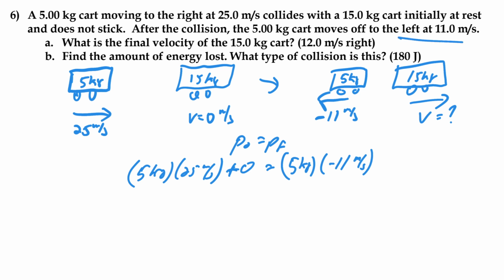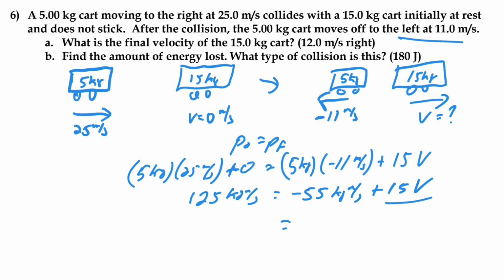So that tells you that it's going to have a negative momentum here. Then we're going to add 15 times this cart moving to the right. Alright, so the initial momentum of the combination is 125. The momentum of this cart is going to be negative 55 kilogram meters per second plus 15 times v.